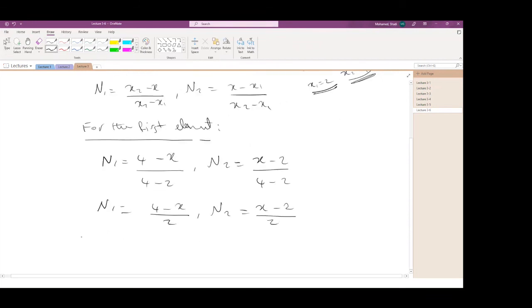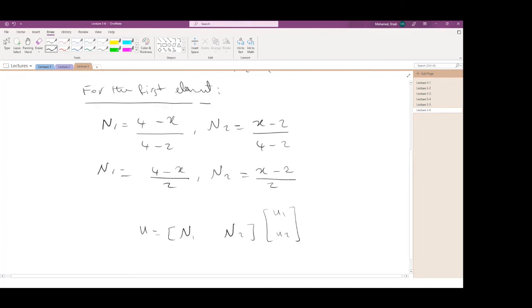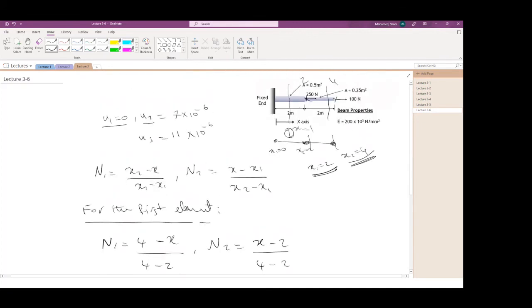Again, I'm just going to write an expression for the displacement within the second element. The displacement is N1, N2 multiplied by u1 and u2. u1 in the second element is the displacement at this node, which is u2 on the global system.